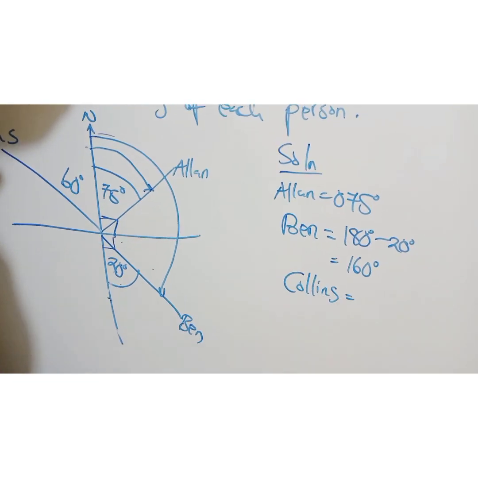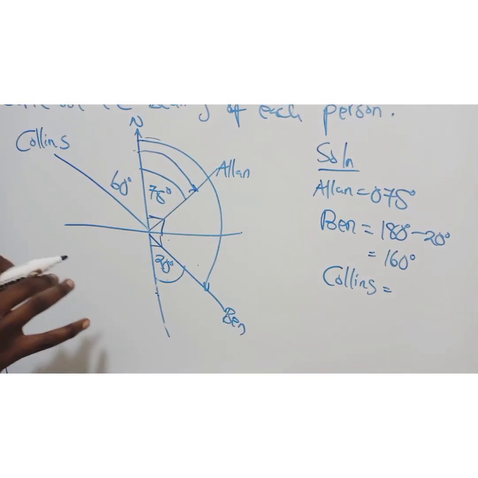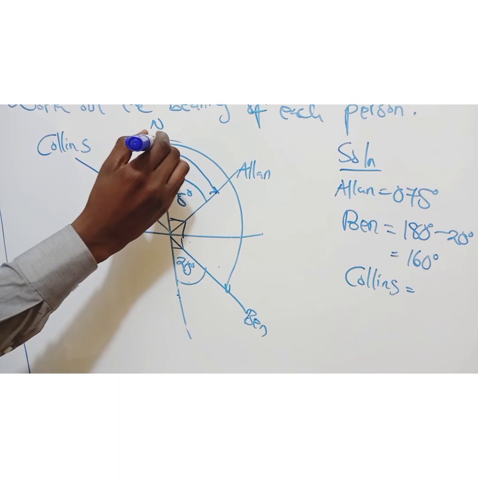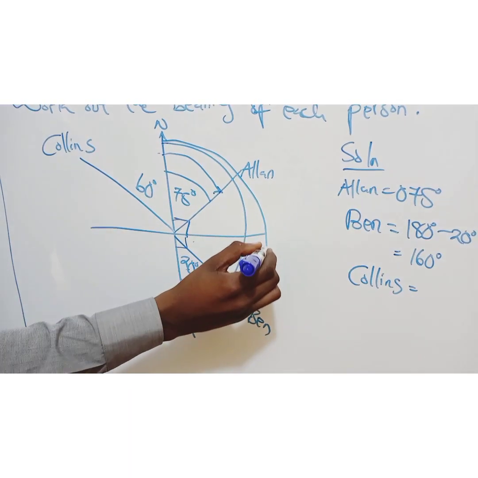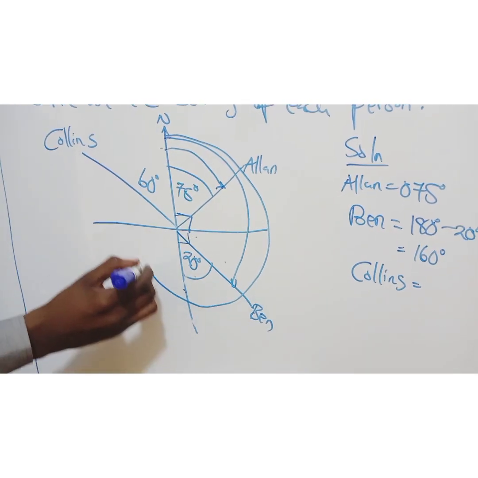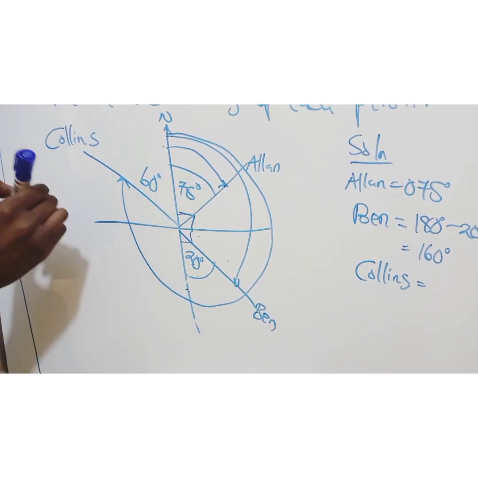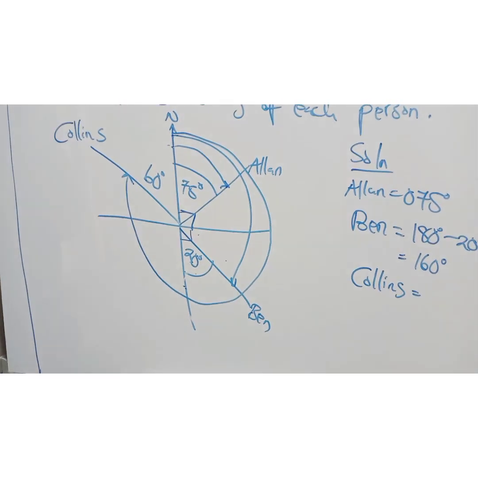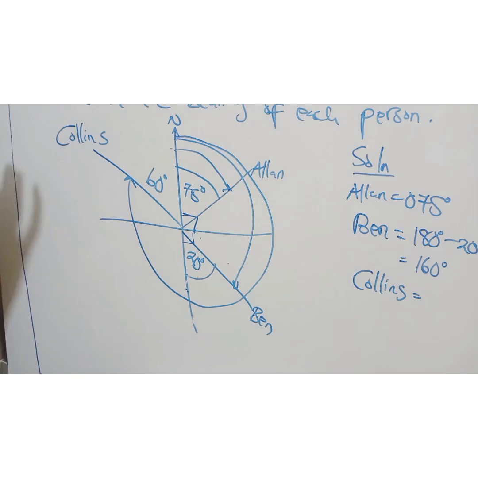Then we have Collins. I hope you are getting it. This is Collins. So from here up to here, this is the bearing they want. Now, as I said, a whole full circle adds up to 360.